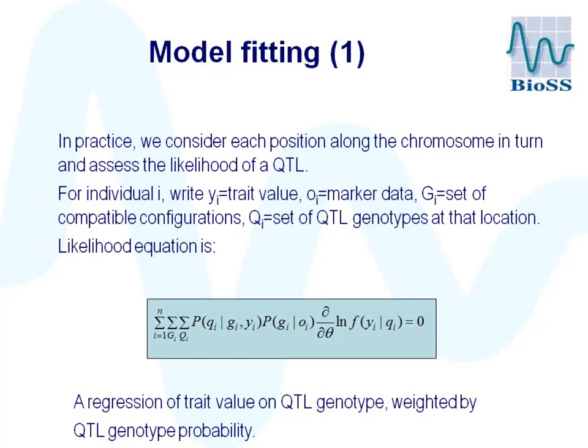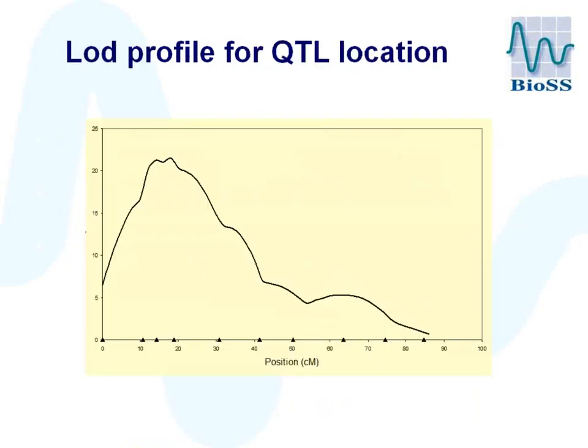Typically, there isn't enough information if you only use flanking markers. Even a program like MapQTL tends to use five markers each side, and you can change that. But we use all the information on the markers in a chromosome. And you finally come out at the end with a LOD profile.